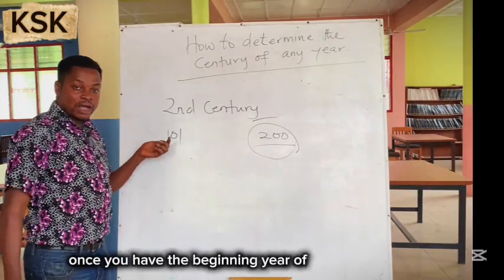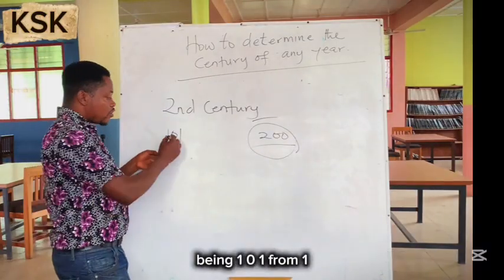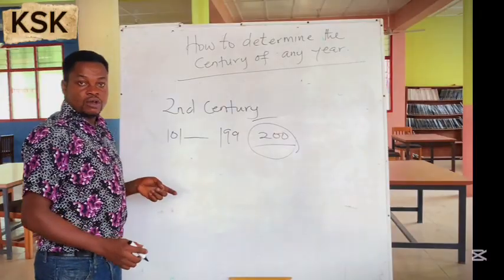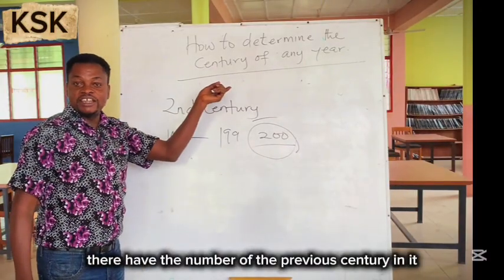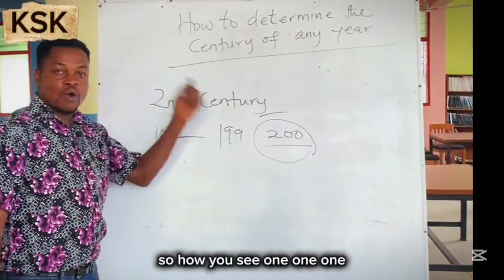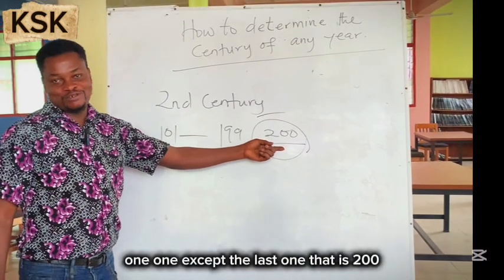And now, once you have the beginning year of the 2nd century being 101, from 101 up to 199, all the years there have the number of the previous century in it. That is 1. All the other years, so you see 1, 1, 1, 1, 1, except the last one, that is 200.